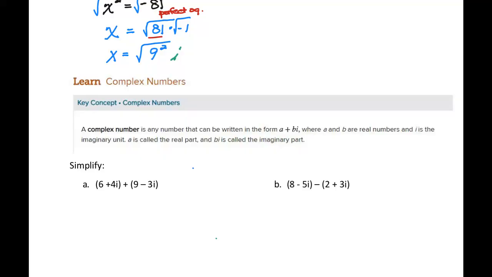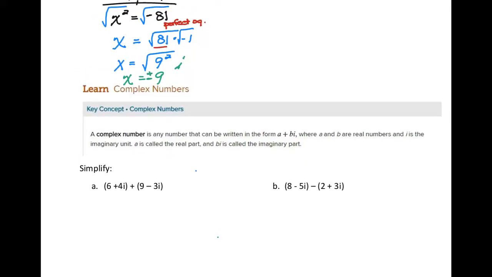So my final answer here is x equals the square root of 9 squared is 9, but it could be a positive 9, and it also could be a negative 9, because negative 9 times negative 9 also gives you that 81.